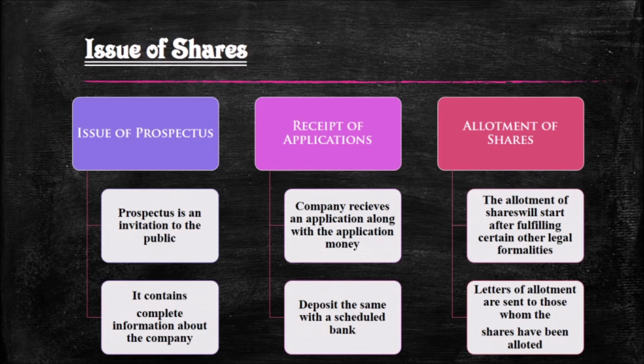If any amount remains, in this case rupees 3, we can collect it in different installments. The amount received through installments is known as calls. CALLS, calls. That is the concept you have to remember. So calls are the installments through which the remaining amount related to the issue of shares is collected. Those are the procedures involved in the issue of shares.